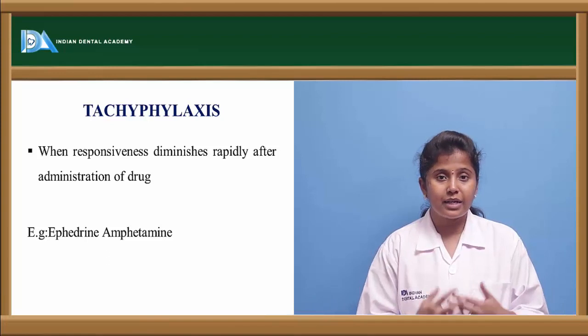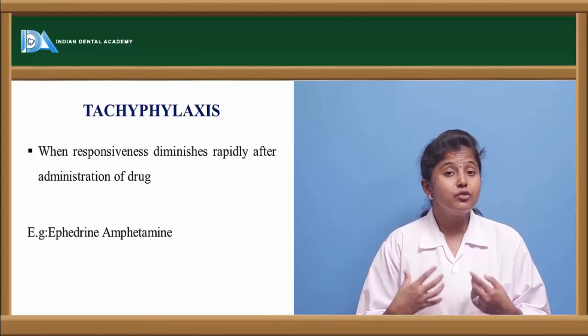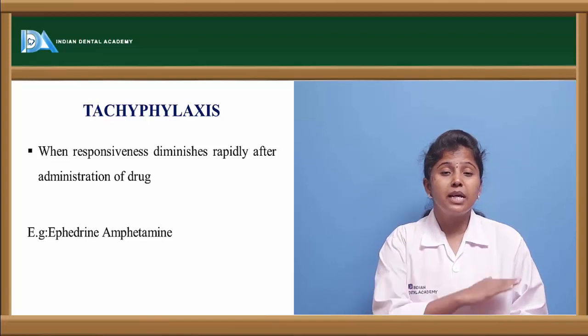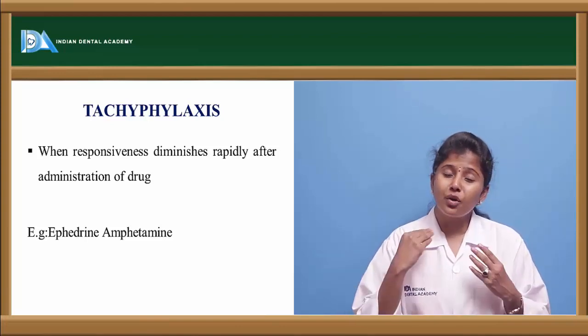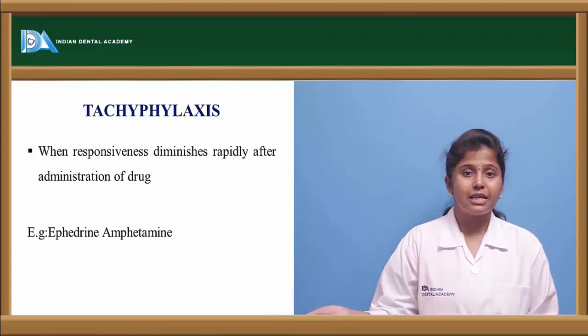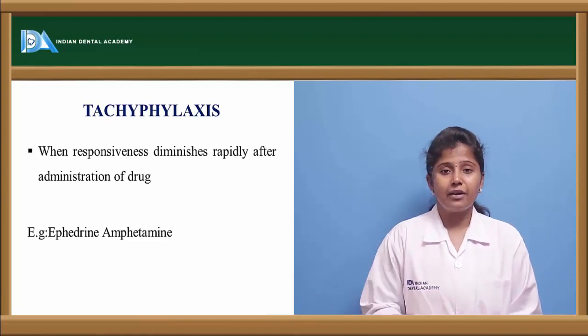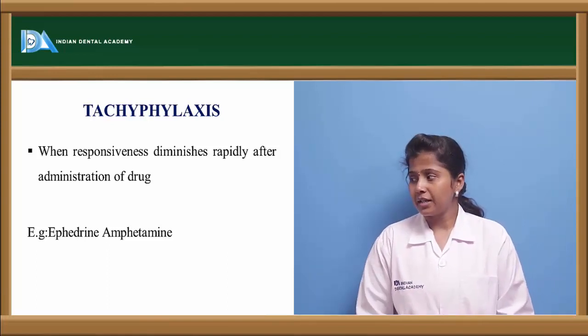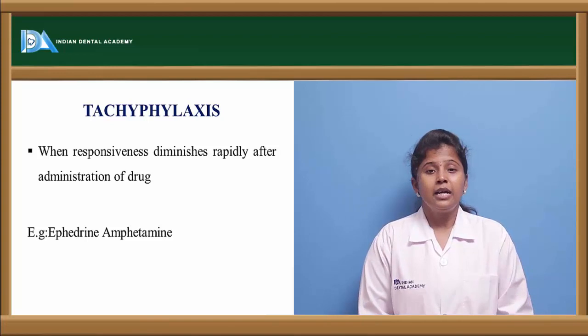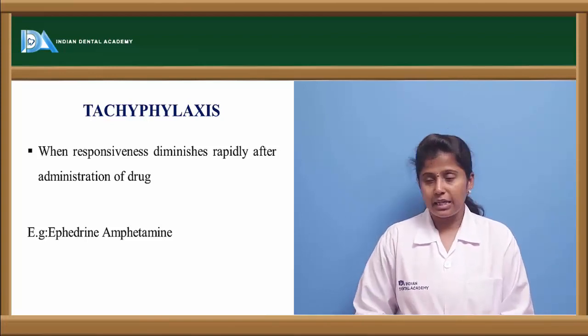Whatever action is shown by the drug will be completely removed, or the drug will not show an effect at all. In the tachyphylaxis condition, it will not show any effect. For example, if we take drugs like ephedrine and amphetamine and a person has tachyphylaxis, these drugs will not show any effect in the body.